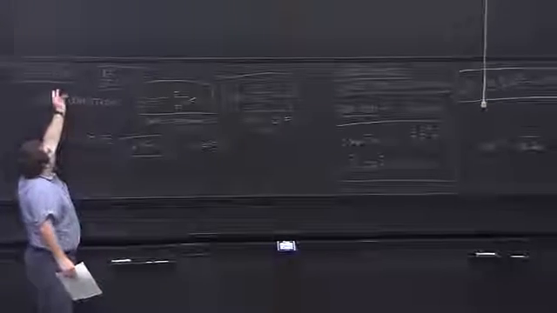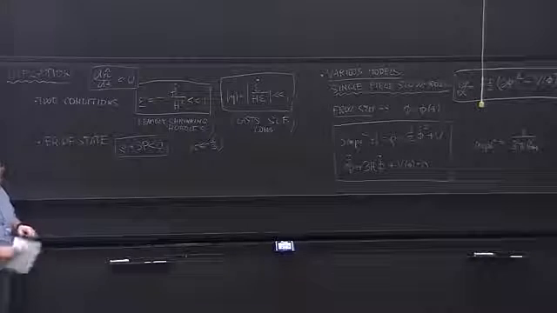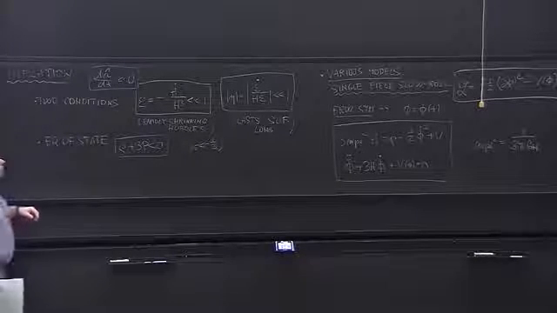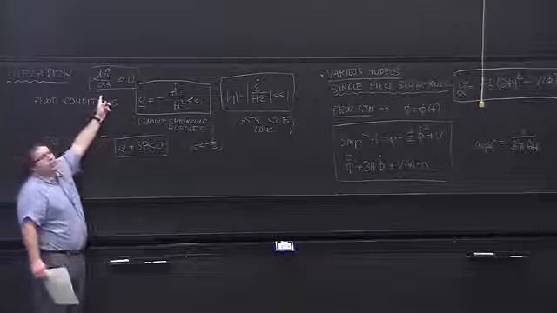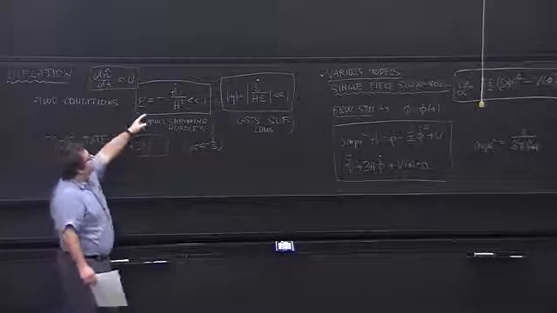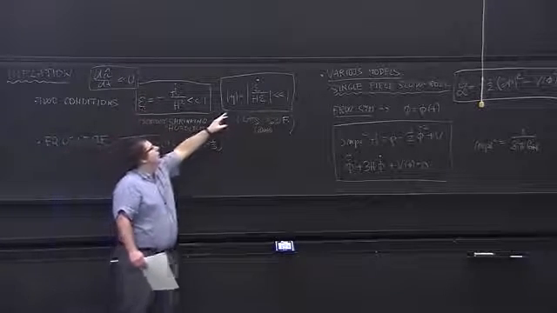So you define inflation as an era where the Hubble co-moving radius was rapidly decreasing before the radiation era started. And we have seen that this condition leads to two conditions, which are characterized in terms of these parameters epsilon and eta.